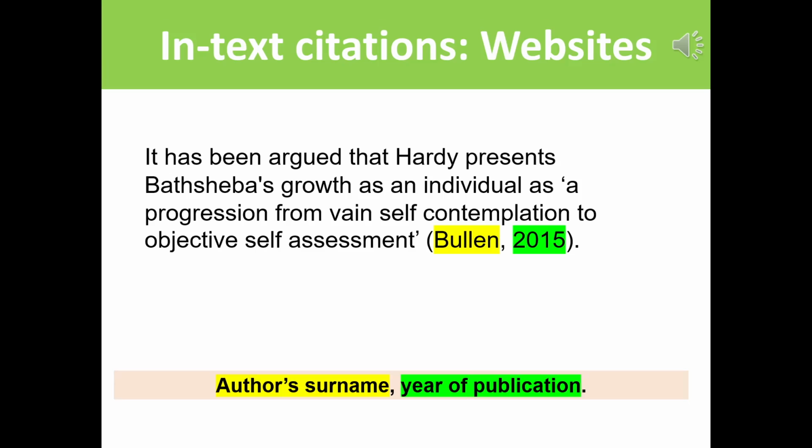If you had already used the author's name in your sentence, so if you'd started your sentence by saying Bullen has argued that Hardy presents Bathsheba's growth, then you wouldn't need to give the author's last name again, you would just give the year of publication in your brackets. Because it is an online source, we obviously don't need to give a page number here for this type of in-text citation.